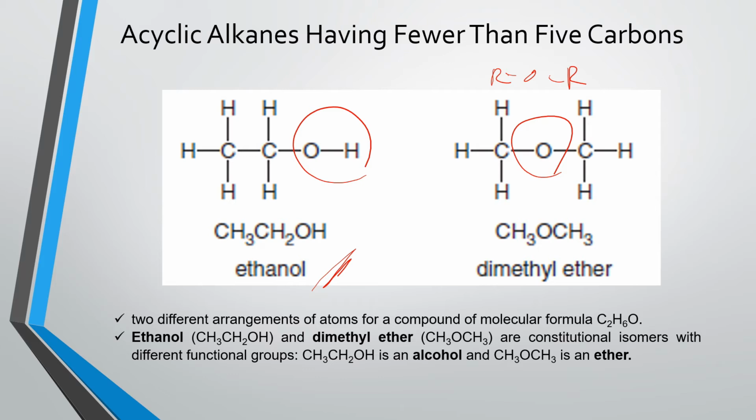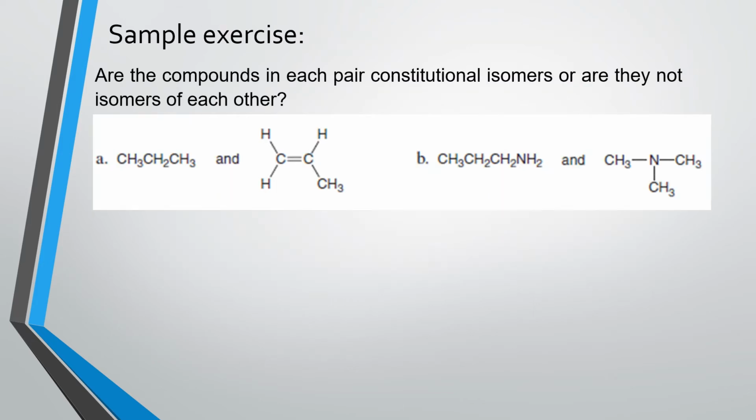Ang dalawang ito do have the same molecular formula, C2H6O. Kaya lang magkaibang chemical na sila because of their functional group. This is an alcohol, this is an ether, and they are called constitutional isomers.